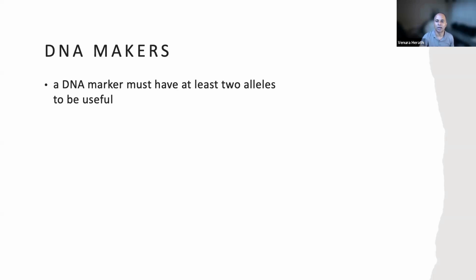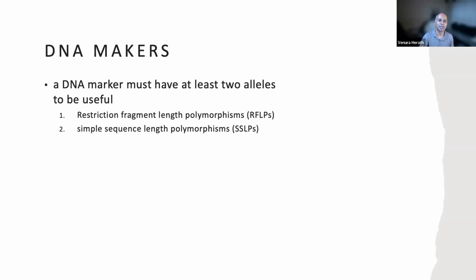And there are two very popular approaches. Starting with the RFLP, popularly known as restriction fragment length polymorphism, and the second most popular one is the SSLPs, or simple sequence length polymorphism.